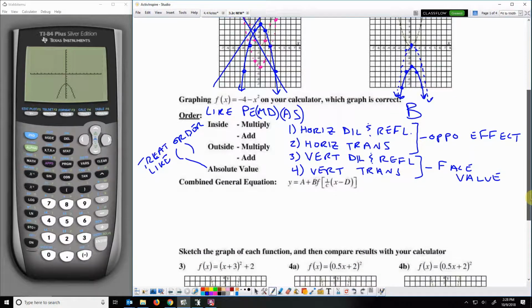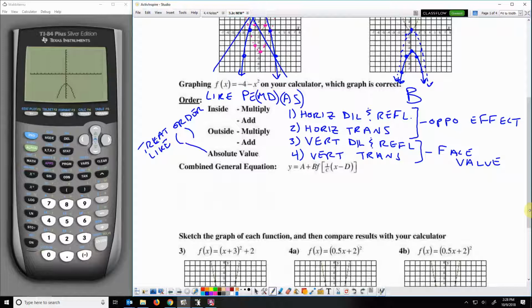So a combined equation that shows the 4 basic transformations that happen most often. Okay, the first thing that you're looking for is a horizontal dilation. And that is right there. Okay, by a reciprocal. The next thing you're looking for, staying inside of the function, is a horizontal translation.